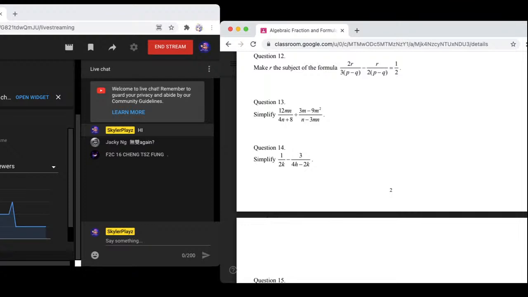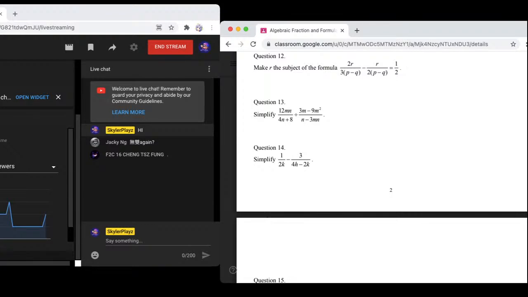Make the denominator the same, and then do subtraction, 2h minus k minus 3k over 2k, 2h minus k, which equals 2h minus 4k, and then factor out 2h minus 4k, so h minus 2k.